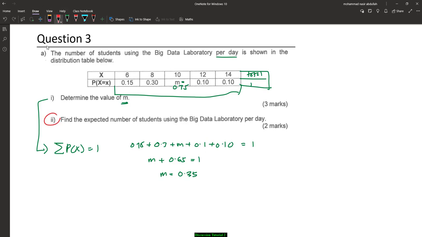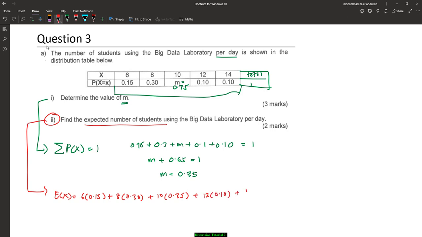Okay, so now number 2, find the expected number of students. Now this is very simple. So expected x should be equal to 6 multiplied with 0.15 plus 8 multiplied with 0.3 plus 10 multiplied with 0.35 plus 12 multiplied with 0.10 plus 14 multiplied with 0.10.